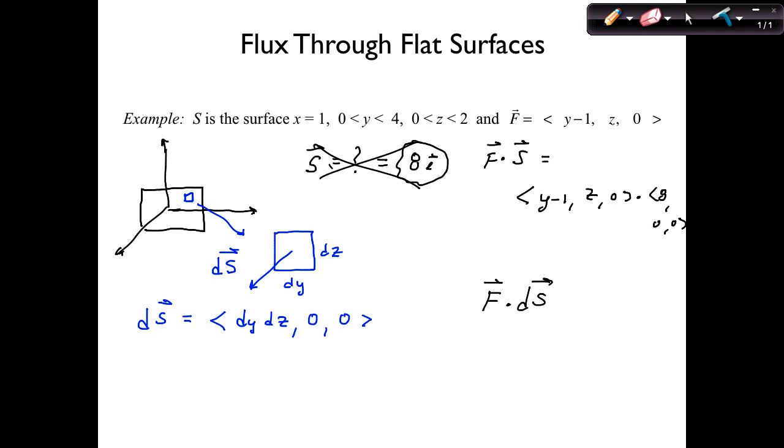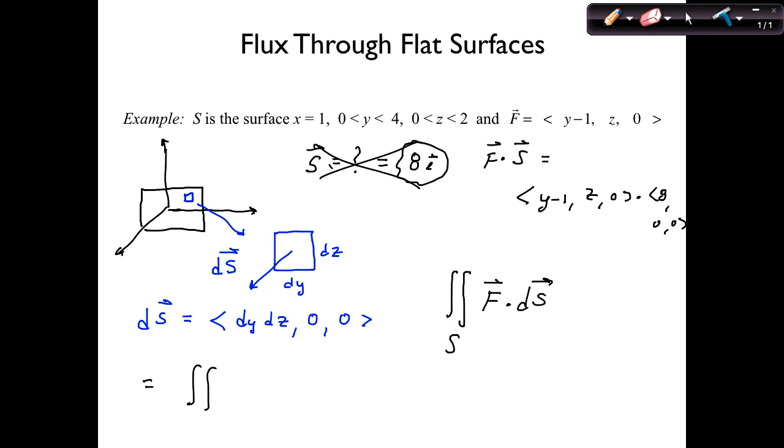How do we get them all? We bring the integral in. Yeah, we're going to accumulate over the whole surface, dy dz or dz dy for the integral.